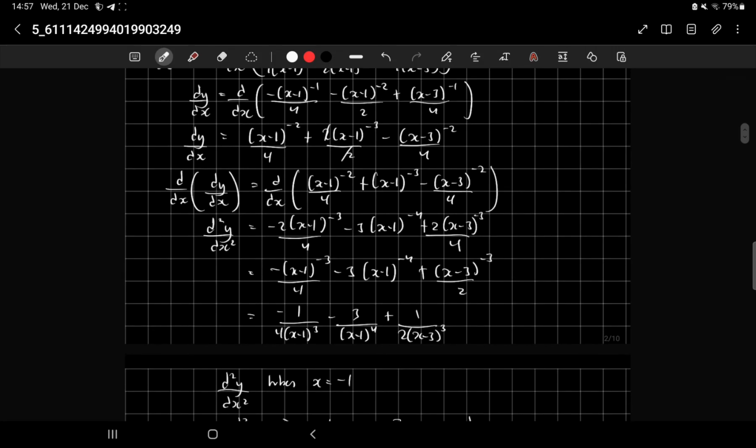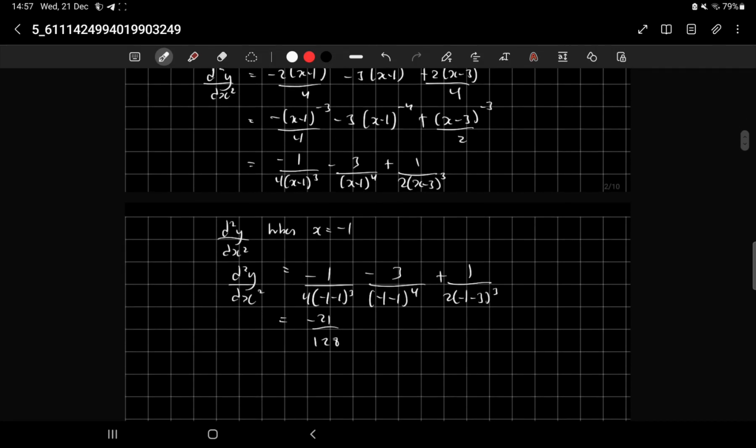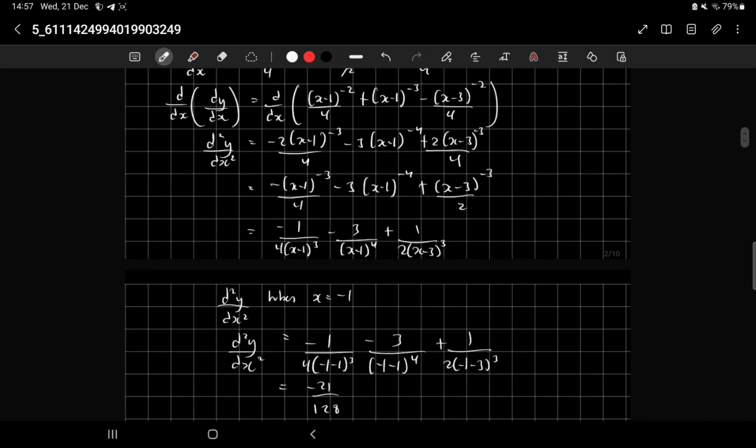Wait, if my double derivative is less than 0, it should be concave down, is it? Let me check on my decimals. Yeah, if the double derivative is less than 0, it does mean it is concave down.